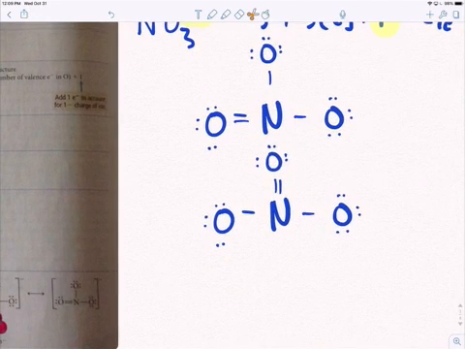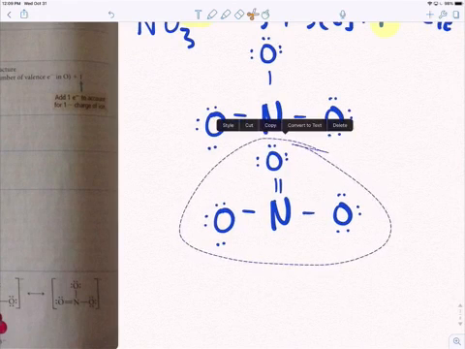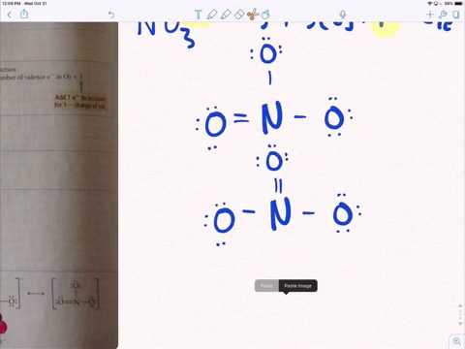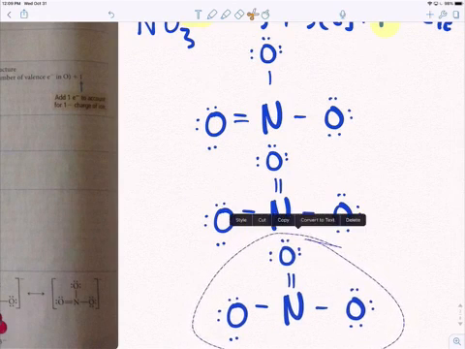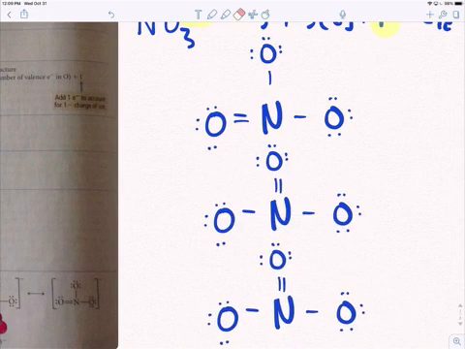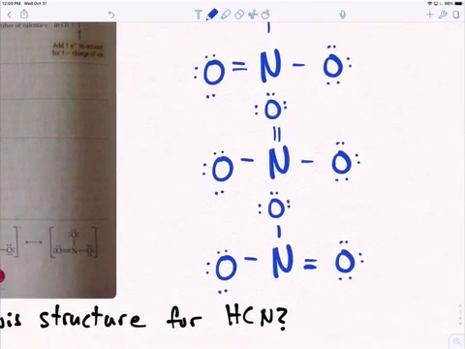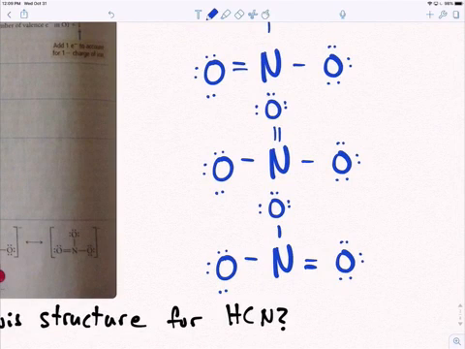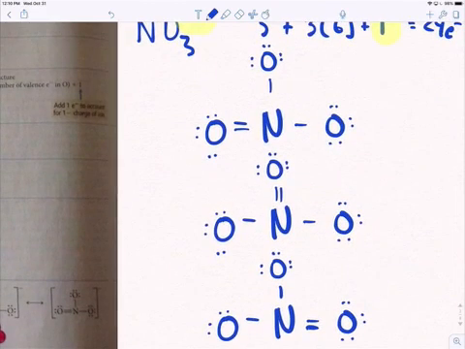Why do it there when I can add one there? So now this is where I have the resonance structure. So I have 3 different structures.